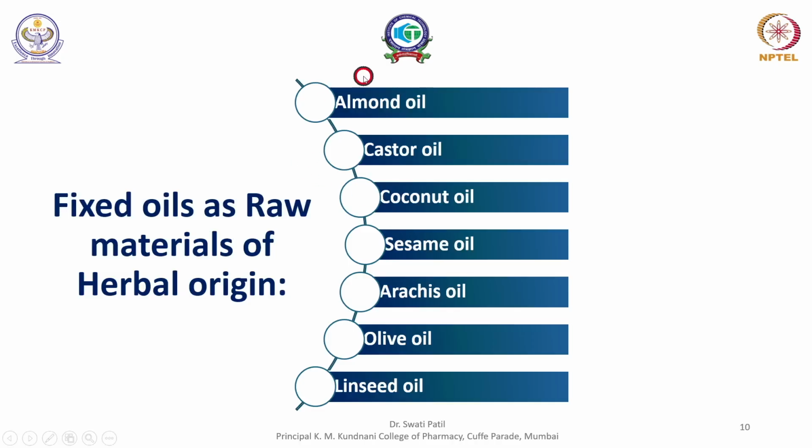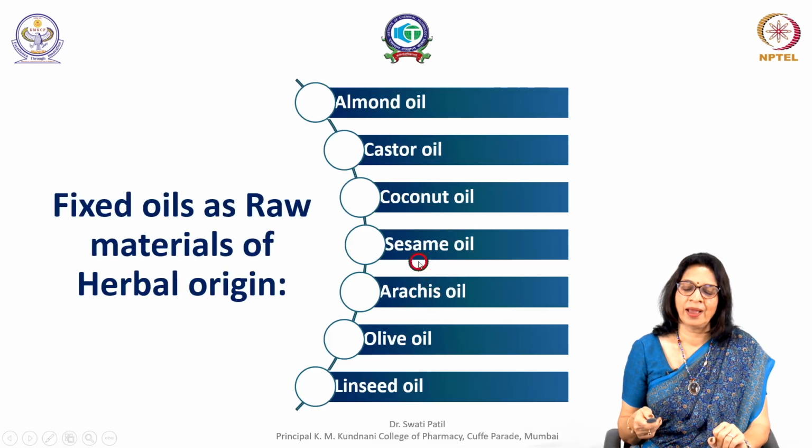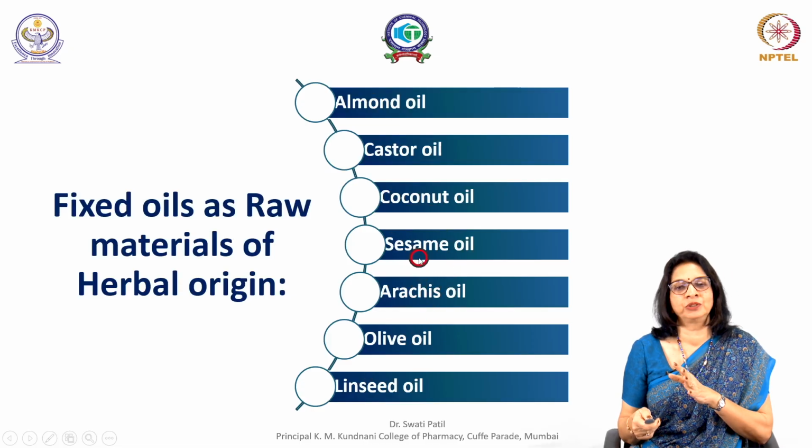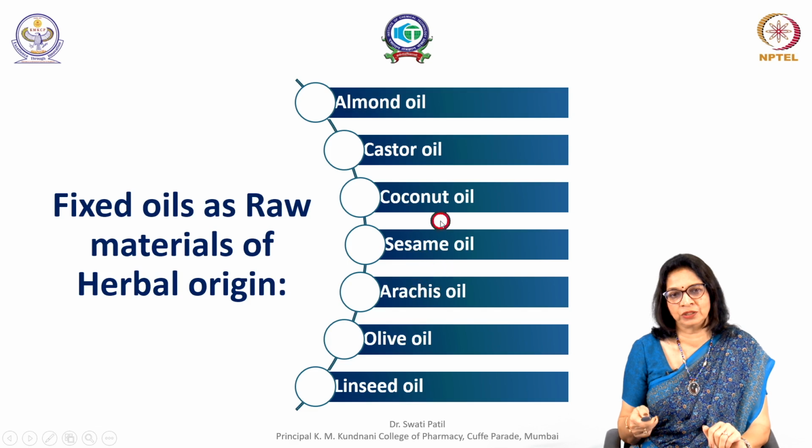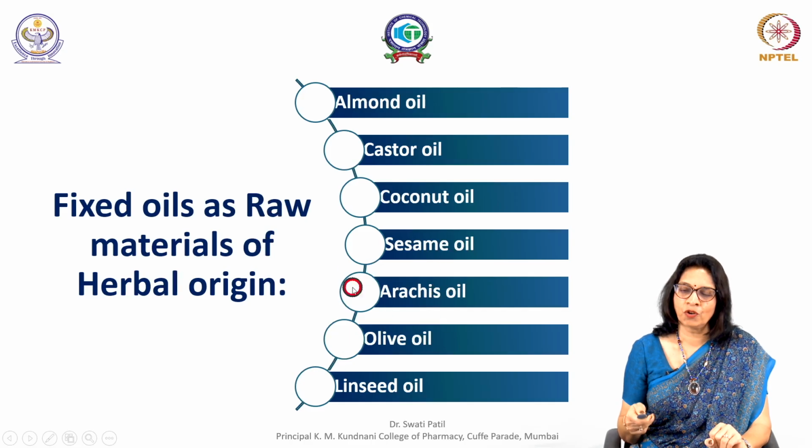So, these are examples of different oils which are used in the herbal cosmetic industry as well as different pharmaceutical formulations. Almond oil, castor oil, coconut oil, sesame oil, arachis oil, olive oil and linseed oil. So, these have been used in their raw form for their therapeutic effect also.